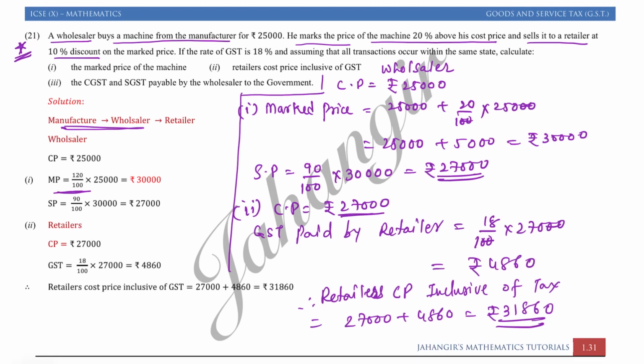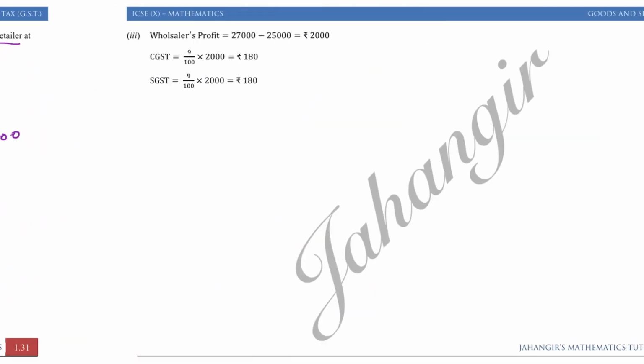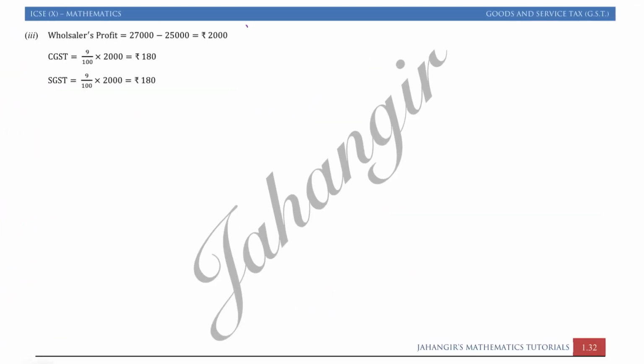Now what they say, the CGST, SGST payable by the wholesaler to the government. So the wholesaler will pay tax, that is CGST and SGST, to the government on its profit. So here we know profit is 2,000 rupees. So we can write profit is equal to 27,000 minus 25,000, that is equal to rupees 2,000.